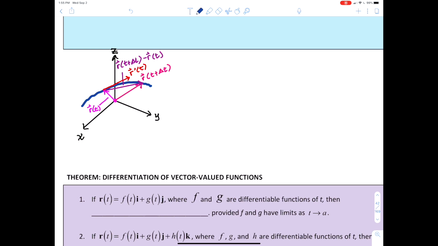All right, so now let's look at the derivative.